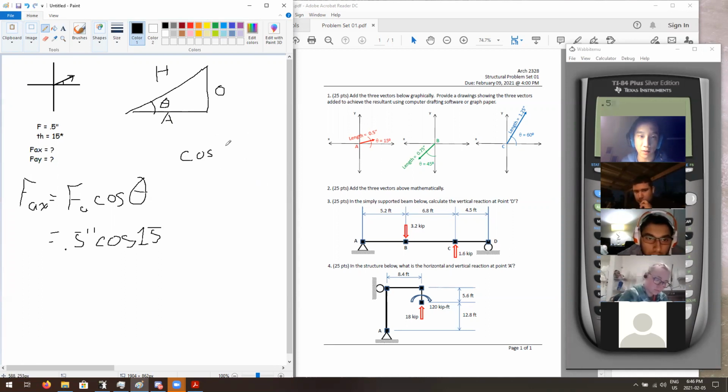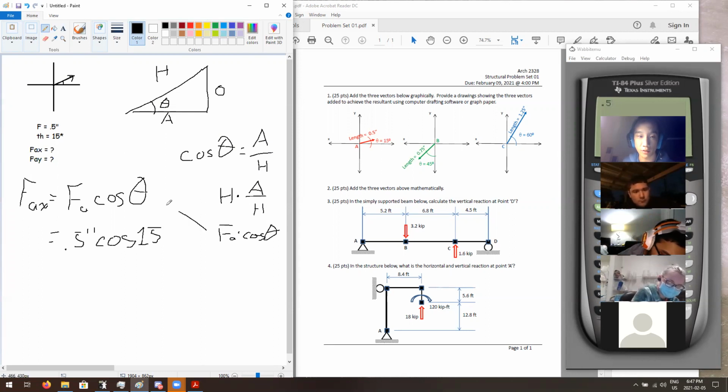Cosine of theta is equal to A over H. So how do you get A? You multiply A over H by H. What is H? H is F sub A, the vector we started with. Times, what's A over H? Cosine of theta. See how these relate? See how this is exactly the same as this?